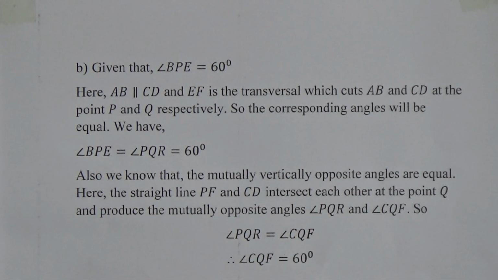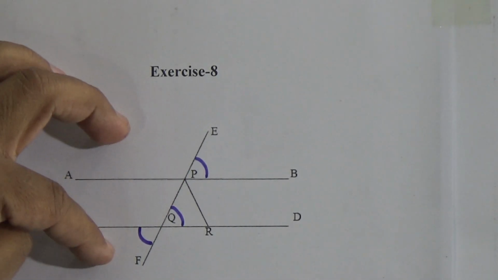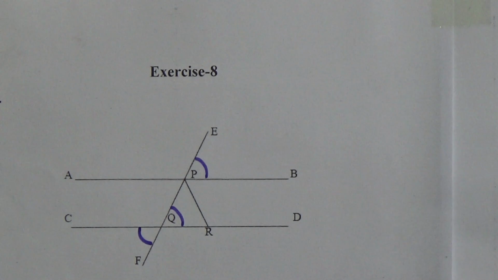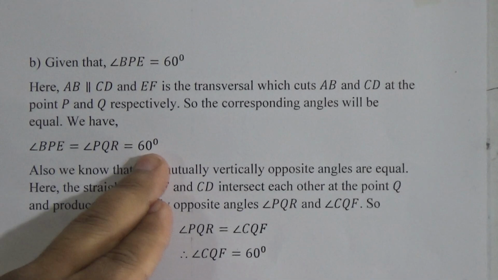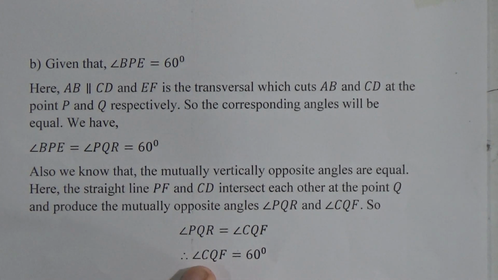My dear students, PQR and CQF are vertically opposite angles, so we can write PQR equals CQF. That means CQF equals 60 degrees, because the angle PQR equals 60 degrees. We have proved that. This is our determined value of the angle CQF.